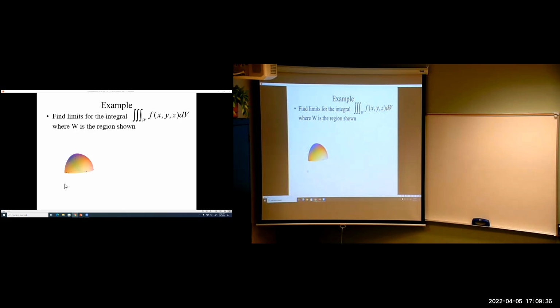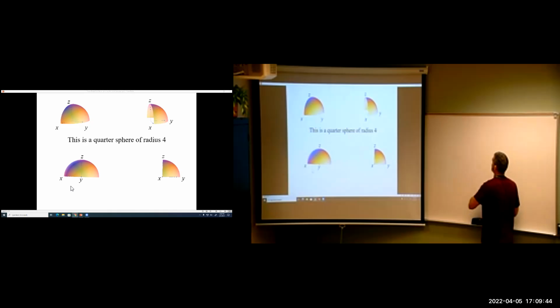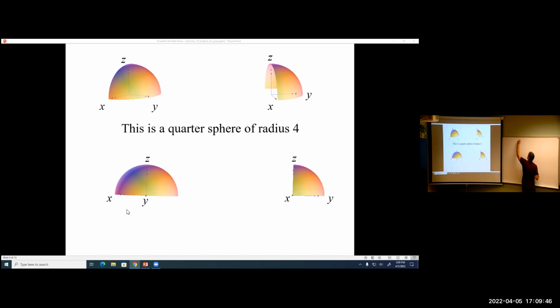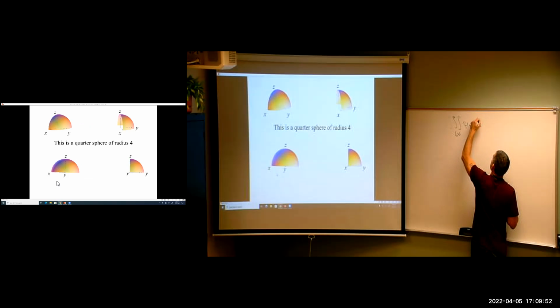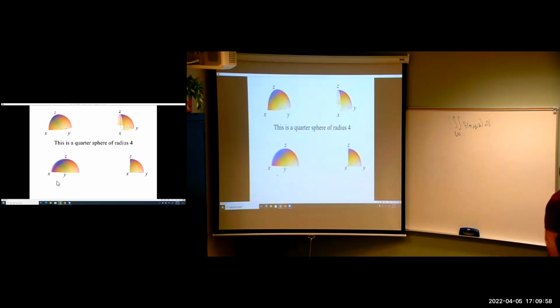Now it's kind of hard to see the region from there. So there's the 3D image of the region. Okay, so that's our region W. We're talking about some triple integral over W of f of x comma y comma z and dv, some order. We'll decide the order later once we figure out our region.